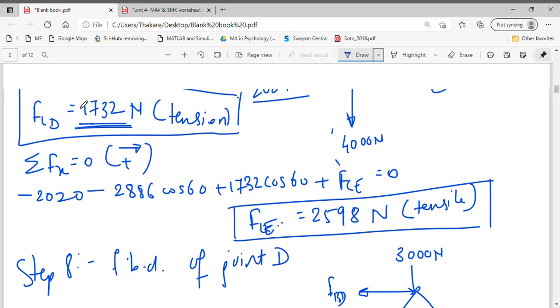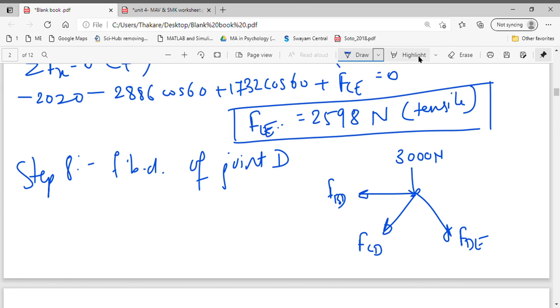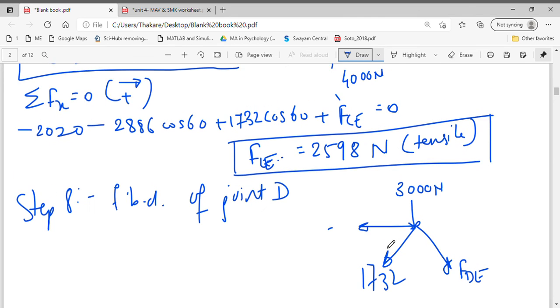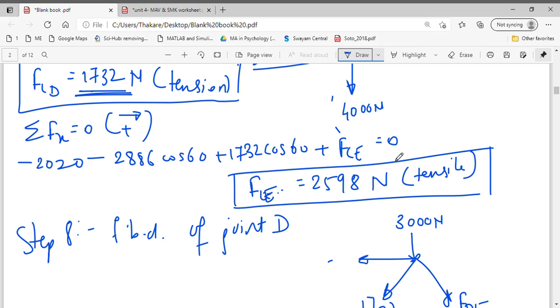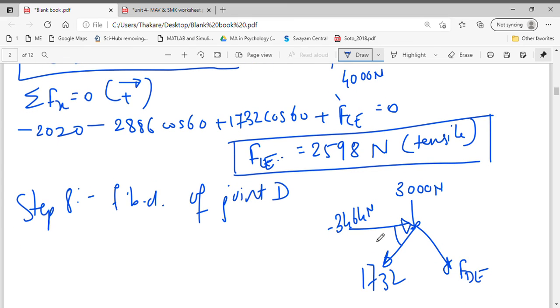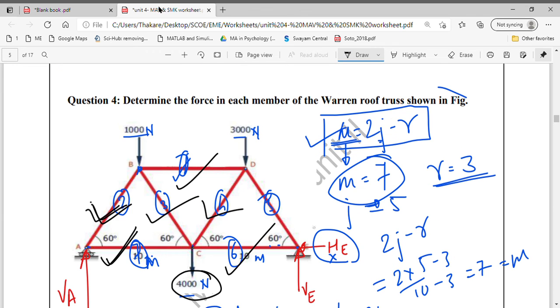Magnitude of force CD is 1732, so we will write 1732 here, and the magnitude of force BD is 3464 of compressive nature. Since the force is of compressive nature, it will be acting like this, and the magnitude will be 3464 newtons. This is making an angle of 60 degrees, and this is making an angle of 60 degrees by the alternate angle theorem.